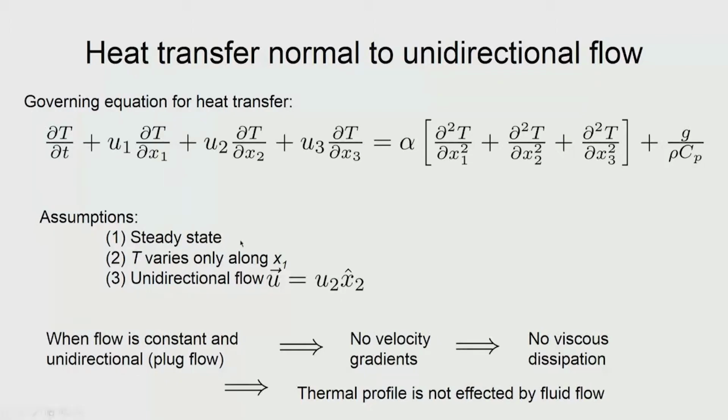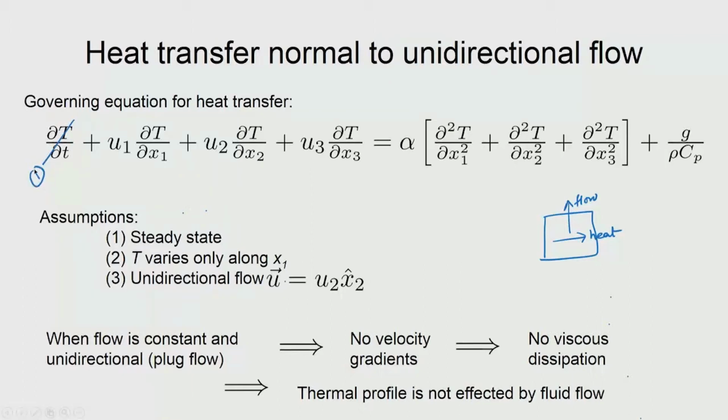Let us look at the generalized Fourier heat conduction equation in rectangular coordinate system, for the situation where you have flow taking place in one direction and heat flow in the other direction. If you take the steady state assumption, then you do not need this term.